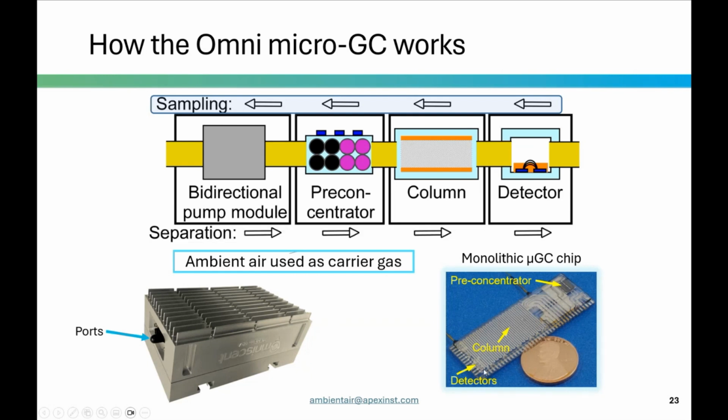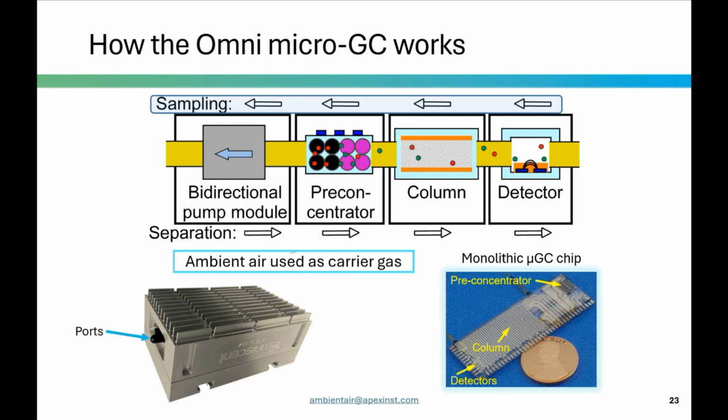And this is a picture of the GC on a chip. So it's a little bigger than the size of a penny. This video here will show you how the GC works. So we have a bidirectional pump that initially pulls the analyte across the chip, where the analyte will interact with a pre-concentrator material and collect during the sampling time here.